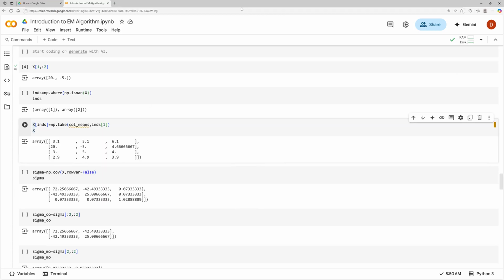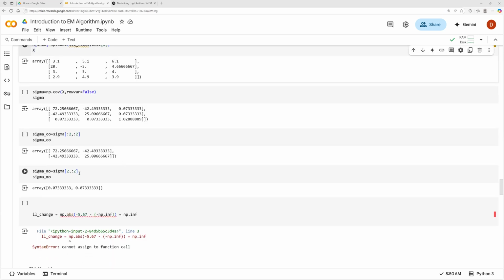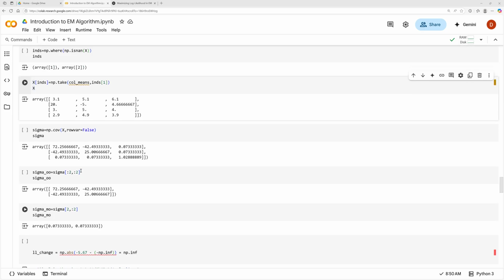And one second. So what I wanted to actually say was basically that if you see this sigma MO, let's take the sigma MO, which is missing and observed, right? The covariance, okay? We get sigma 2, and then this colon 2 is 1 and 2, right?